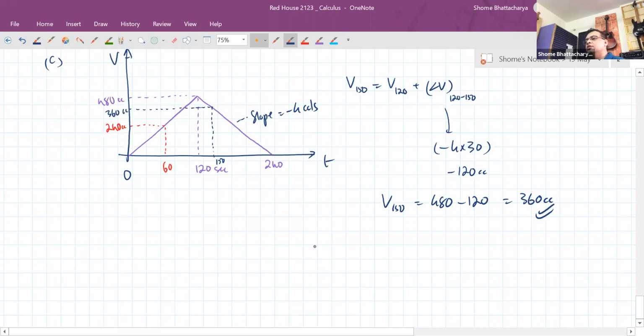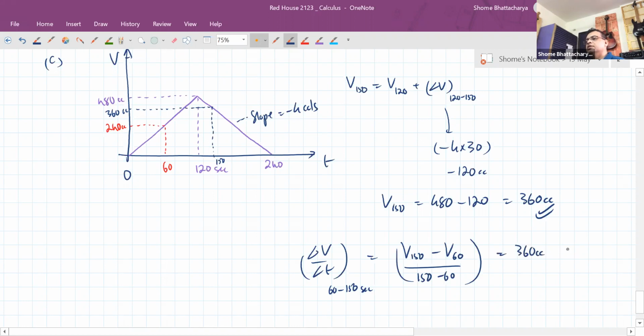So now the average rate of change of volume with respect to time from 60 seconds to 150 seconds is equal to the volume at 150 minus the volume at 60 divided by the time interval. So this is 360 cc minus 240 cc divided by 90 seconds.